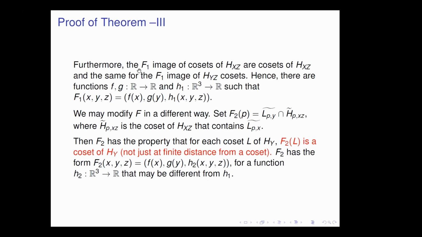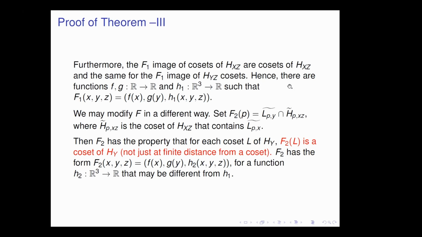Now, if you take a closer look at the construction, the F1 image of cosets of the xz plane are exactly cosets of the xz plane. And same for the F1 image of the yz plane.